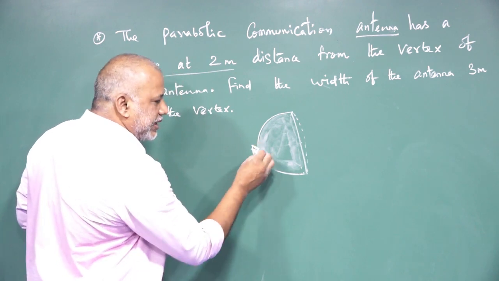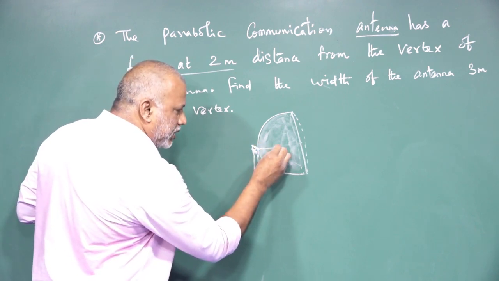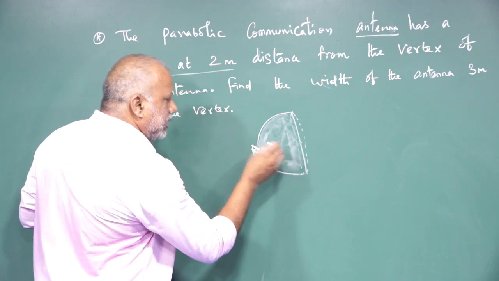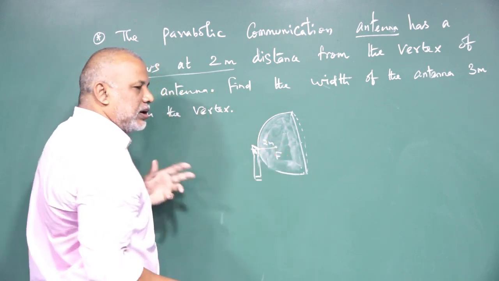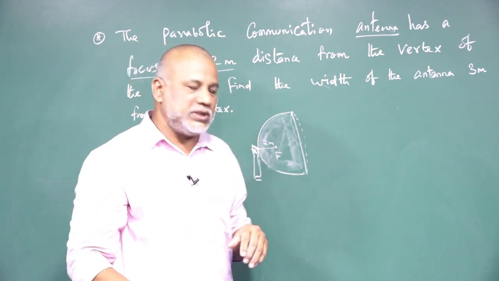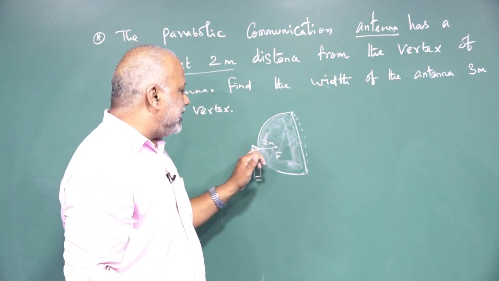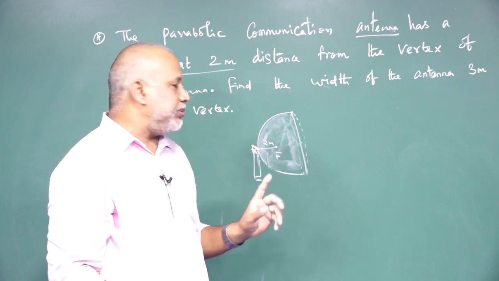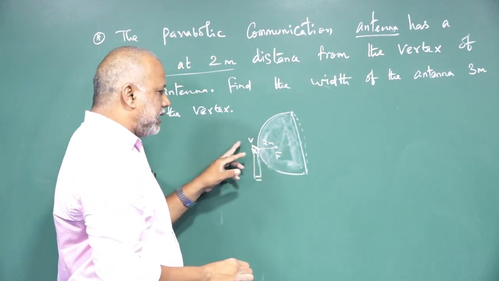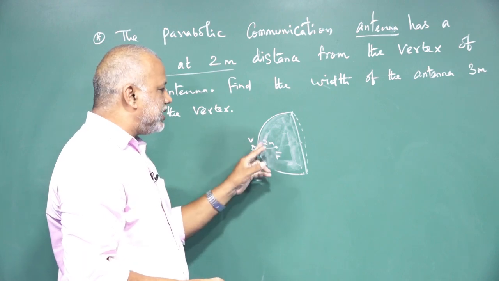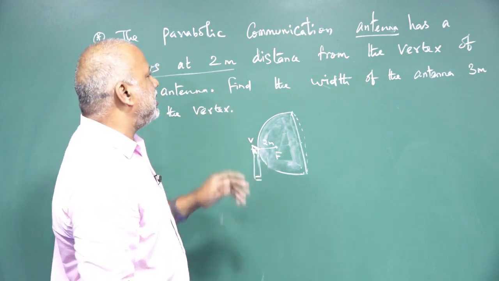From here, the focus is placed at a distance of 2 meter. So this is 2 meter. Already we discussed the theoretical concept: the distance from the vertex to the focus. We are giving the name V here, and F is the focus. The distance from vertex to the focus is a equal to 2 meter.